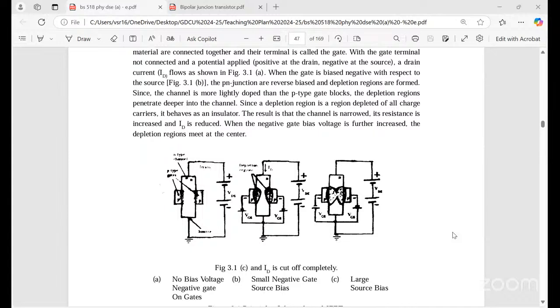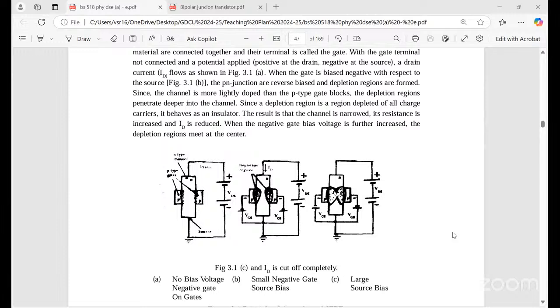Why? Because the depletion layer is a region depleted of all charge carriers, either positive holes or negative electrons, and it behaves like an insulator. So here the resistance increases and the drain current is reduced.